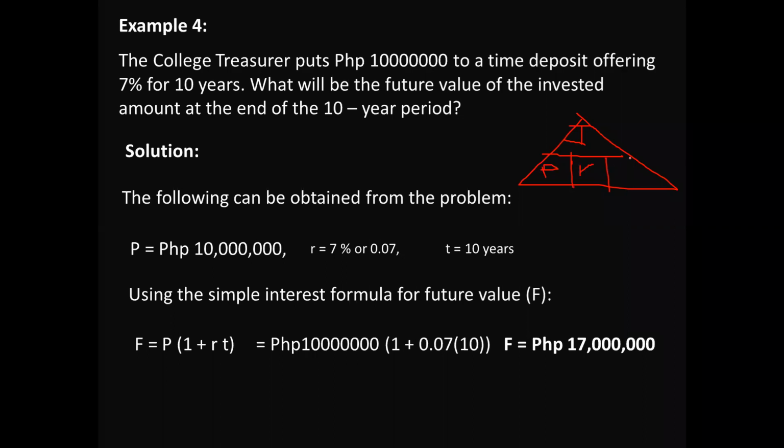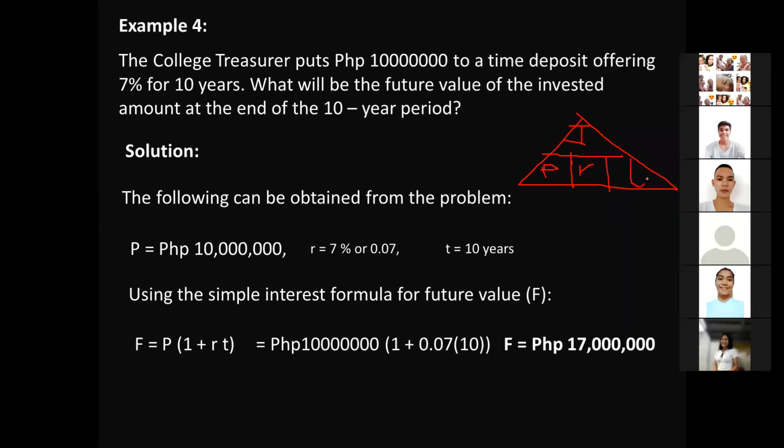R and then T. Kapag P ang inaanap, takpan mo lang yung P, I over RT. Kapag R ang inaanap, I over PT. At kapag time ang inaanap, I over PR.